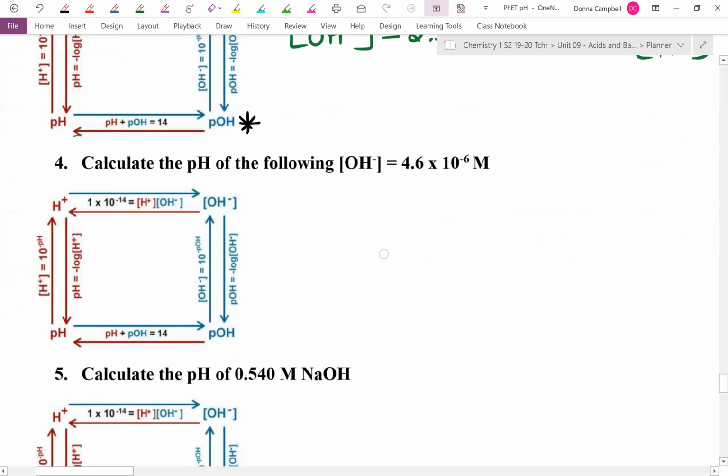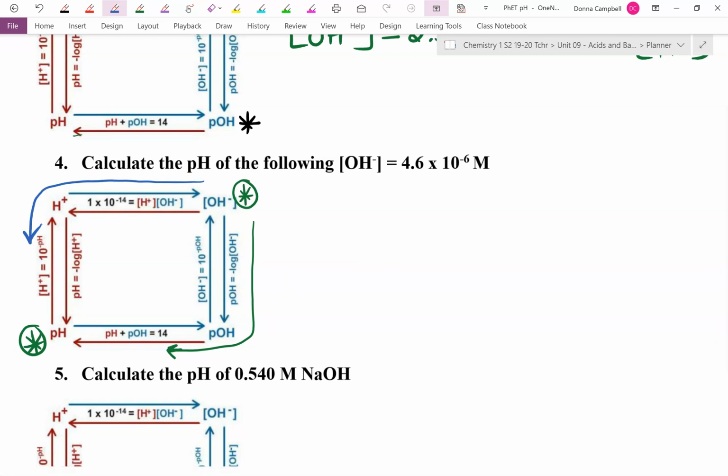Okay. Number 4. We've got a concentration of OHs, and we need to get to pH. Unfortunately, there's no road across. We have to go around. So we could go down and this way, or we could go over and then down. Either way works.